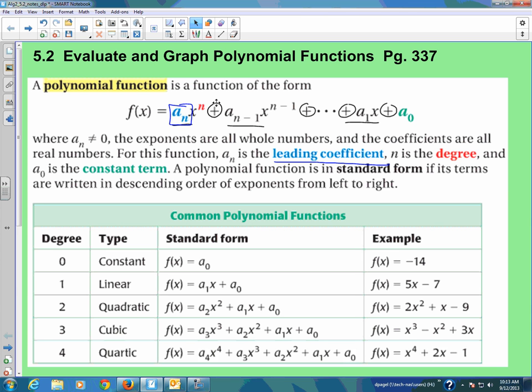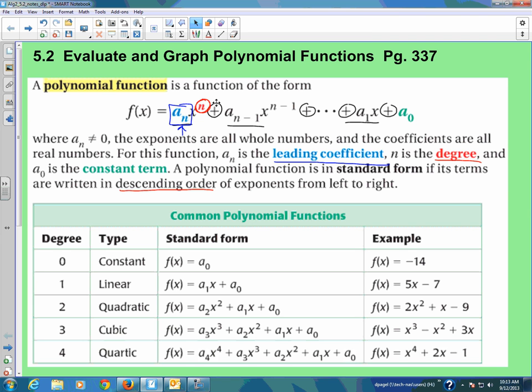What do I mean by that? You have to make sure that your polynomial is in what we call degree order, and specifically descending degree order. So my power that is the largest value would be what starts my polynomial. And it's that coefficient that's in front of that largest power that is my lead coefficient.